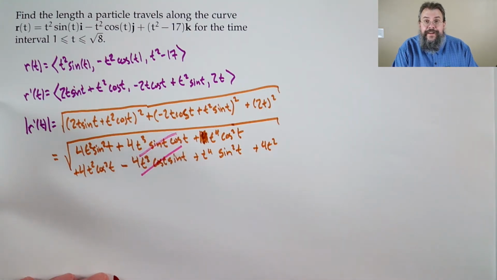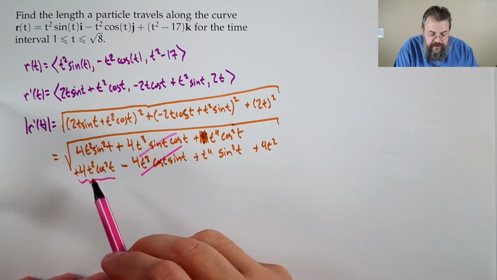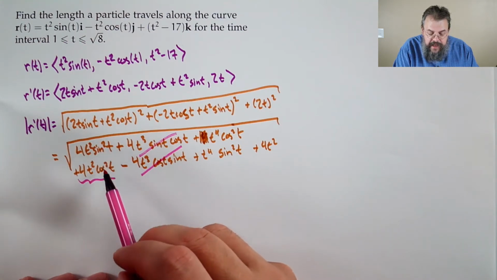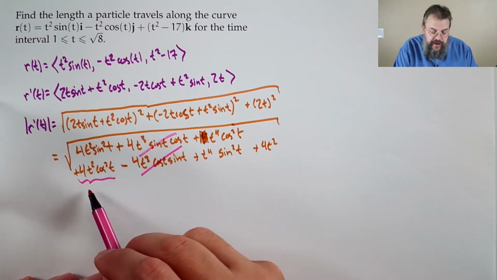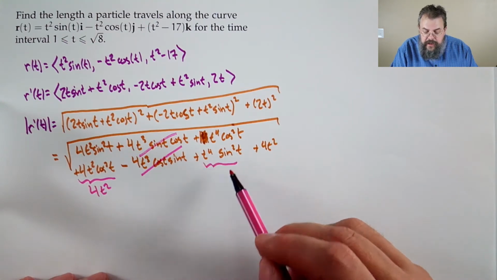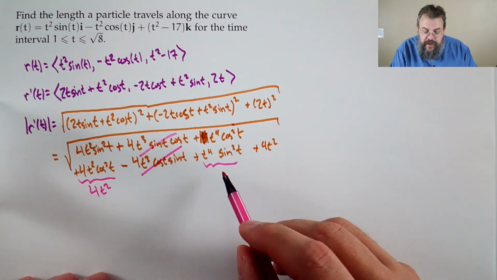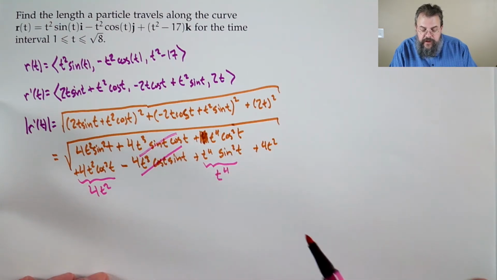They're gone. Beautiful. But it doesn't stop there. Look here, the 4t squared, and then there's sine squared and a cosine squared. When you put them together, you end up with 4t squared. Similarly, on the end, t to the fourth times cosine squared and sine squared. When you put those together, you get t to the fourth.